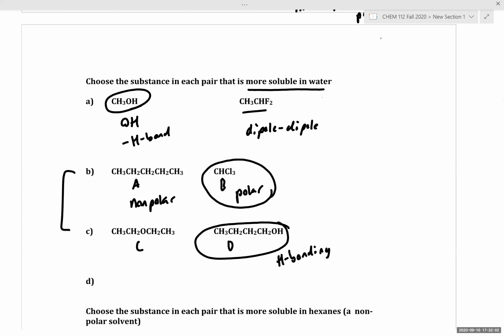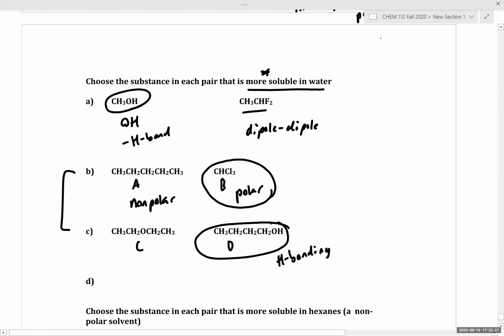Yeah, so on C, where we have C and D, because it's less than 5 carbons, it's not disproportionate to be able to actually perform the hydrogen bonding. So the main thing to think about in these questions is the phrase more soluble.